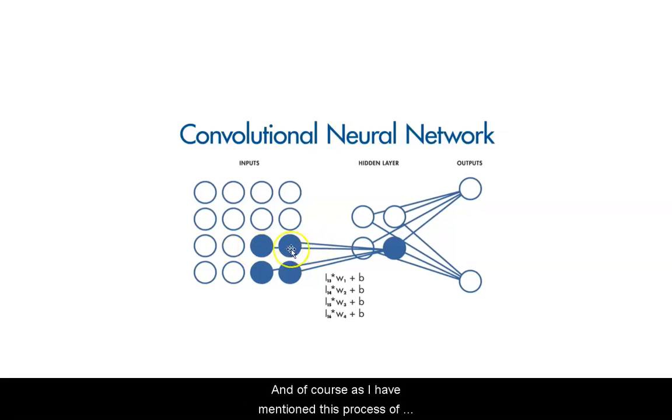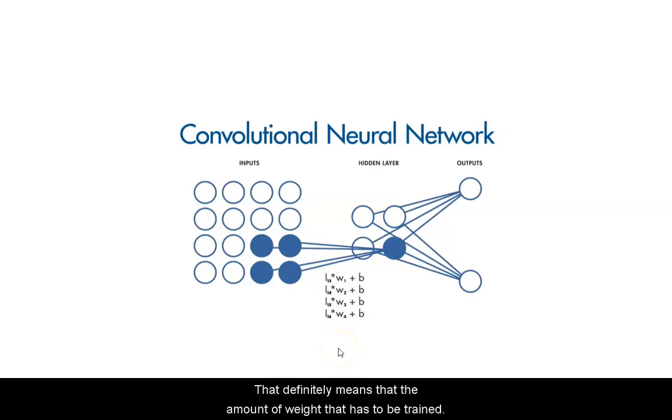This process of mapping a local receptive field to a node in the hidden layer is through a concept called convolution, which we will see in the coming videos. But as you can see, the weight for all the local receptive fields mapping into the neurons of the same hidden layer is the same.